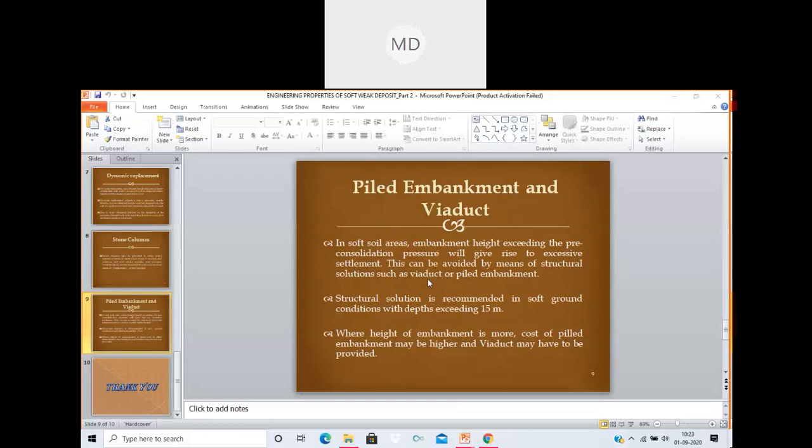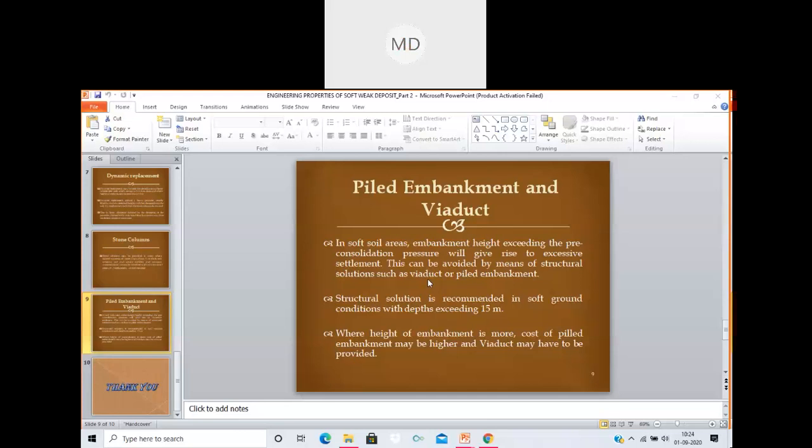Anyone? Ma'am, viaduct is a long type of bridge. Okay, long type of bridge. Any difference between a bridge and a viaduct? Is there any difference? No idea, ma'am. Okay, fine.